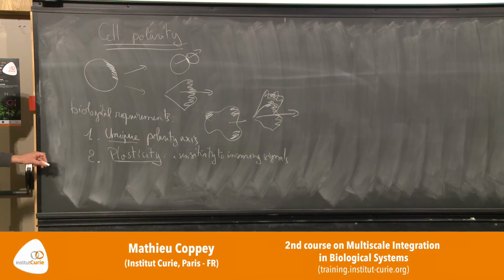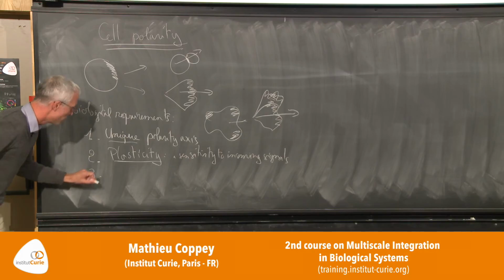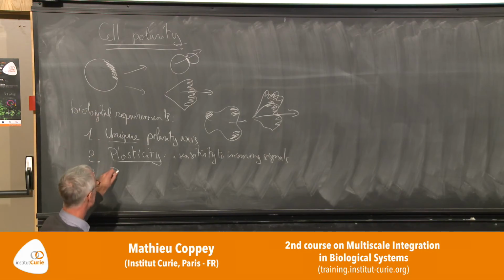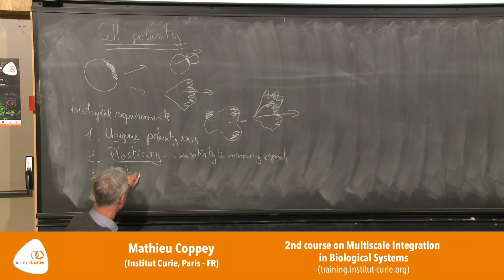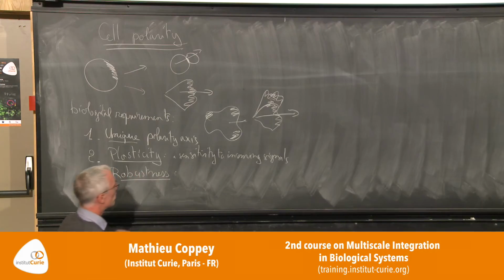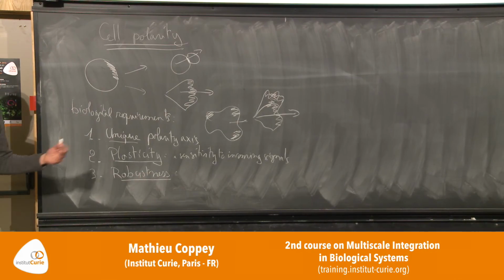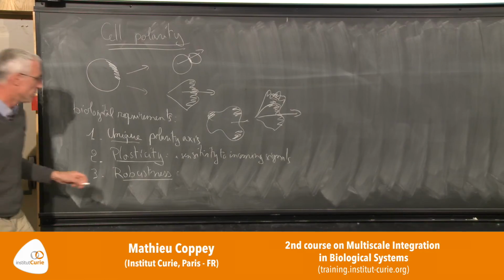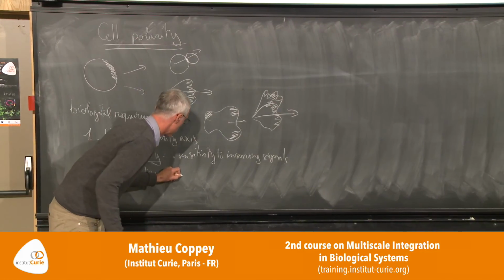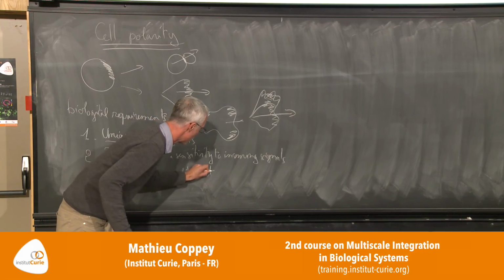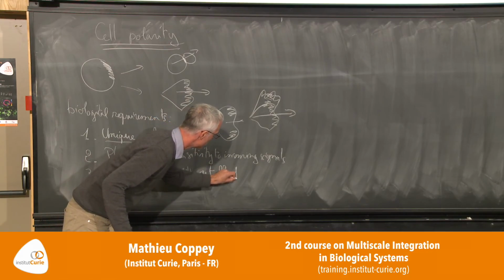The third thing, which is in balance with this idea of plasticity, is robustness. Robustness, because you want the cell to not be sensitive to, to filter out, fluctuating signals, something we discussed a lot this morning as well.